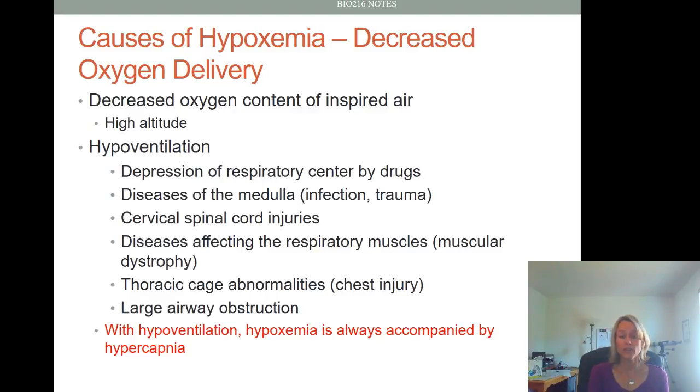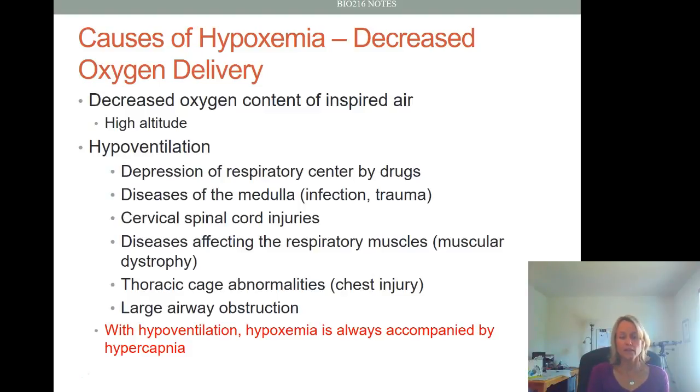Cervical spinal cord injuries, remember the phrenic nerve comes out of C3 to C5, that region of the spinal cord, and if that has been damaged, that can cause hypoventilation. Other intercostal nerves also help to aid in respiration, so damage there, or inflammation along the spinal cord, can lead to hypoventilation.